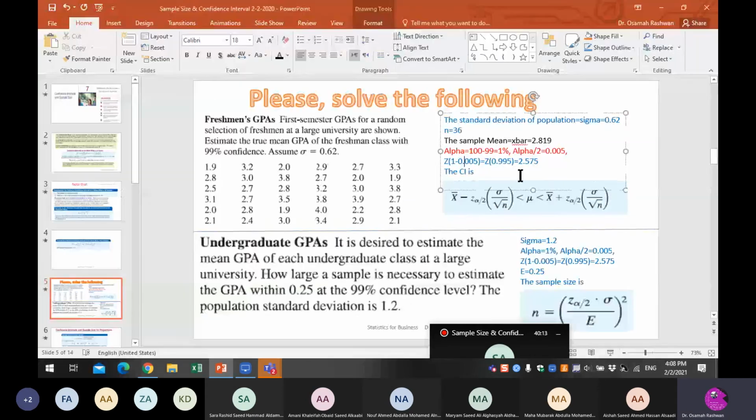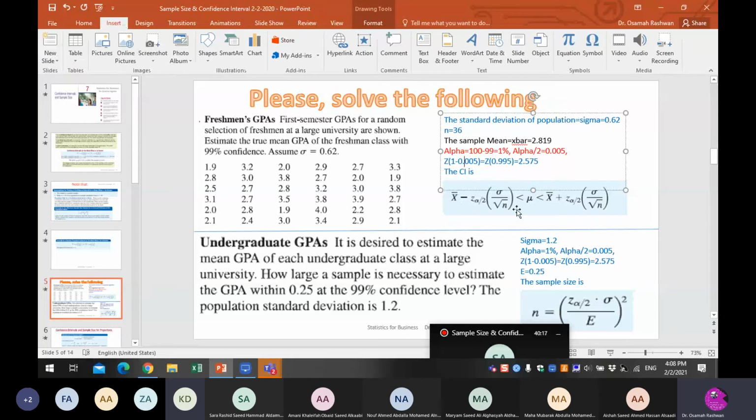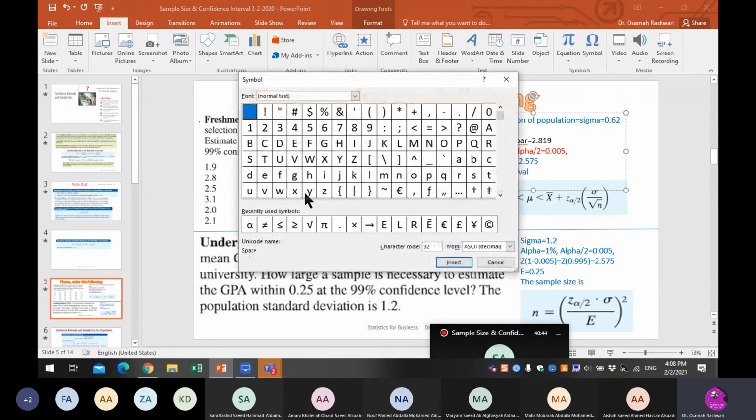Hello, guys. So the confidence interval is what? Mu. I just insert symbol. Can you get mu here?